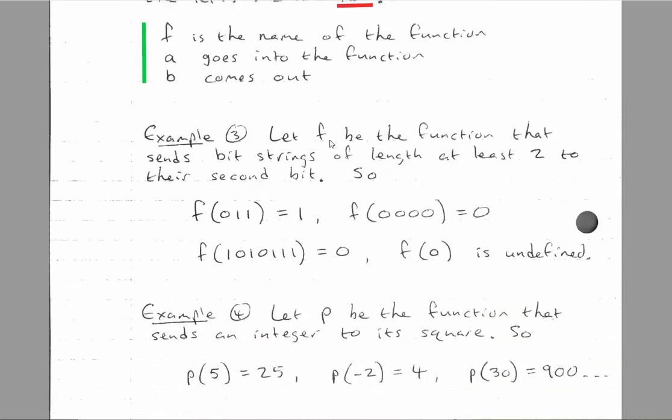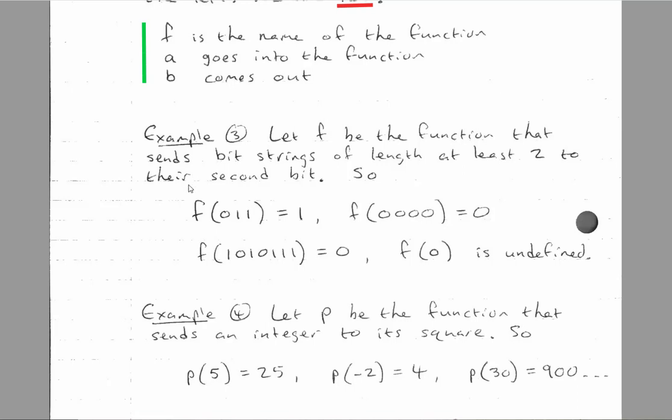All right, some more examples. Example 3. Remember our bit strings from chapter 1. So a bit is either 0 or 1, and then you can make a string of those. A bit string is just a binary number. And this function f takes inputs as bit strings that are of length at least 2, so at least 2 bits.